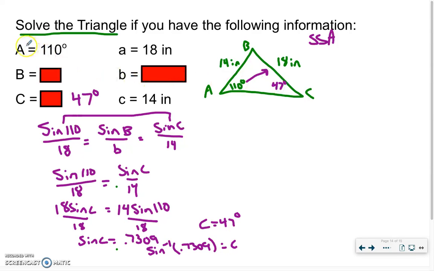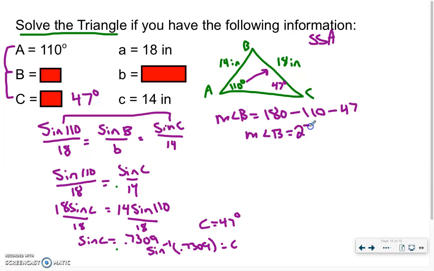And now, since we know that angles A, B, and C have to equal 180, the measurement of angle B has to be 180 minus 110 minus our new given angle of 47. And then we get the measure of angle B is equal to 23.